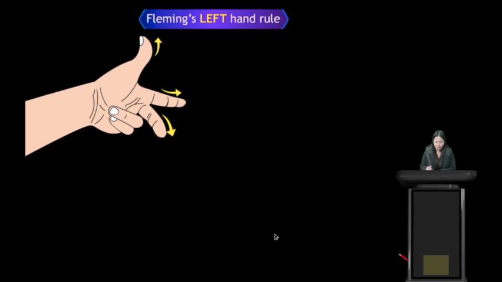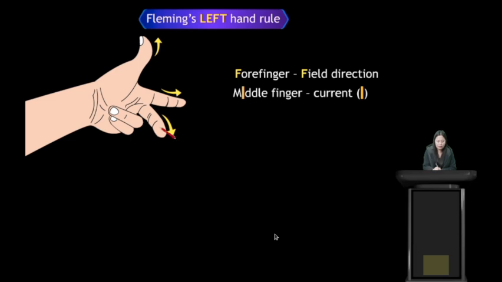So we have taken the first three fingers of our left hand. The forefinger will show the direction of magnetic field. It will show field direction. You can remember by this letter F. So this forefinger will show the direction of magnetic field. The middle finger will show the direction of current.